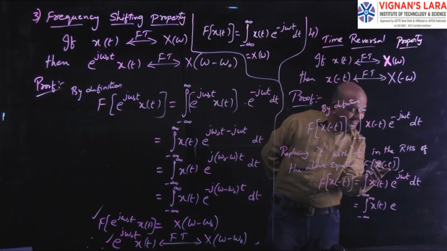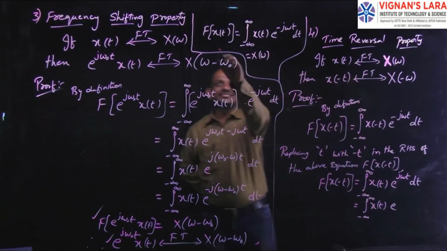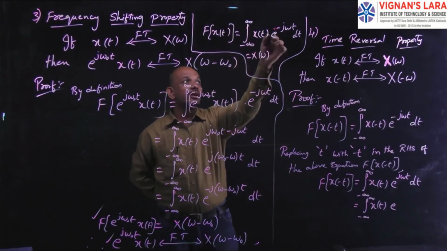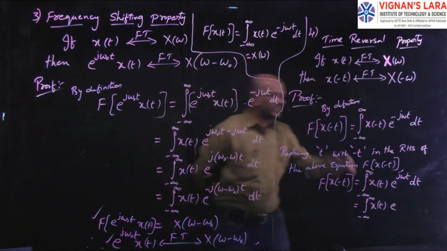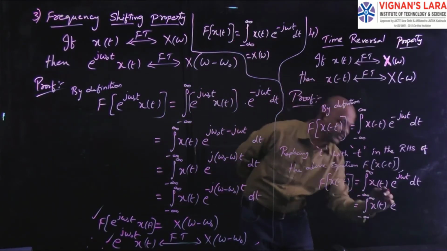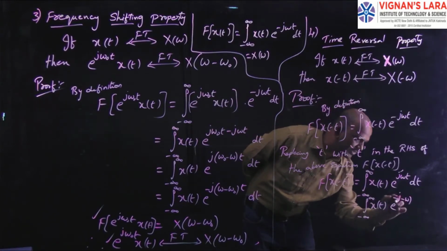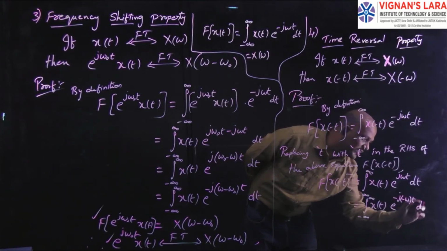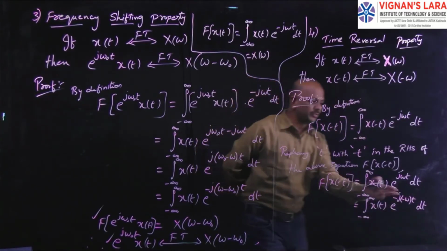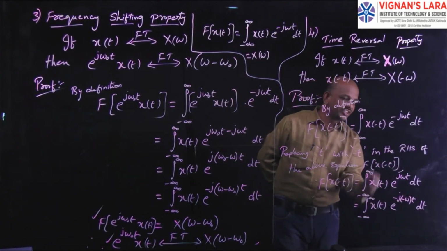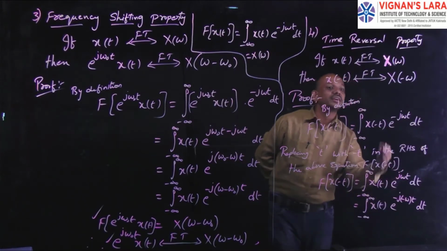The standard definition of the Fourier transform of x of t is the integral of x of t e power minus j omega t dt, with minus before j. Here we have plus, so for that reason I am writing minus j and another minus at omega. Minus into minus is plus, so both are the same, that is j omega t.